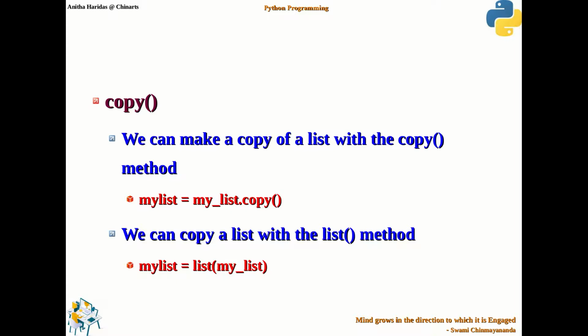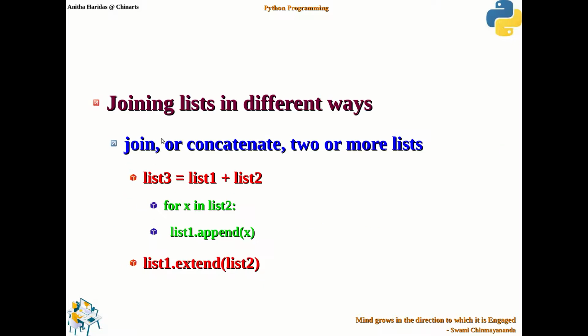Then we have joining the list. We can join, or you call it concatenation. Two or more lists can be joined by having the addition operator, the plus operator. You add these two, they will be joined or concatenated, and the new list will be created here.